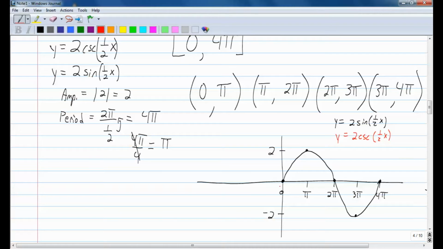That's because, think about it, when sine is equal to 0, like the sine of 0 equals 0, cosecant is 1 divided by 0, so cosecant is undefined. So that's why we have vertical asymptotes. Anywhere that the sine curve touches the x-axis, put a vertical asymptote, you just draw a dotted line.